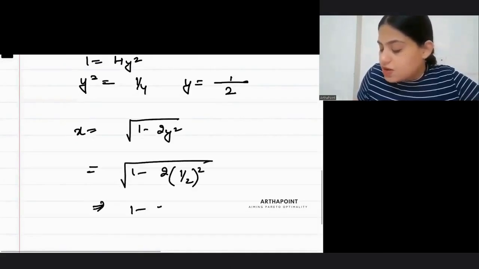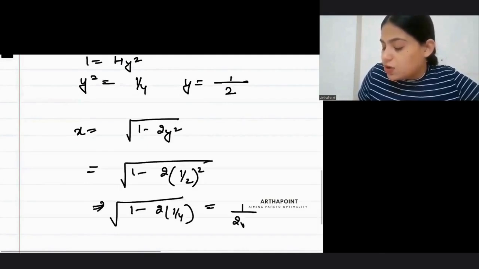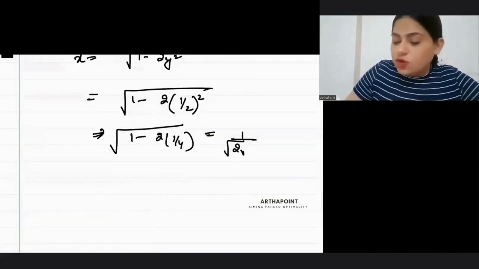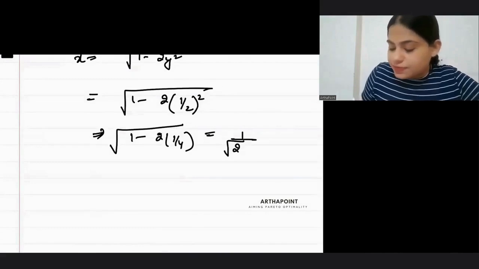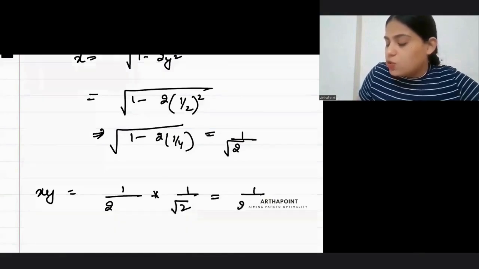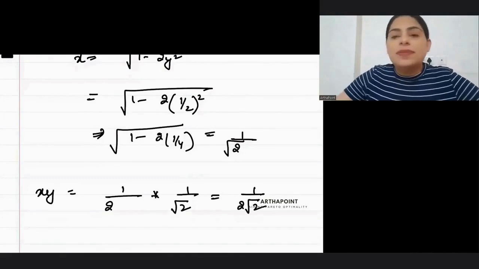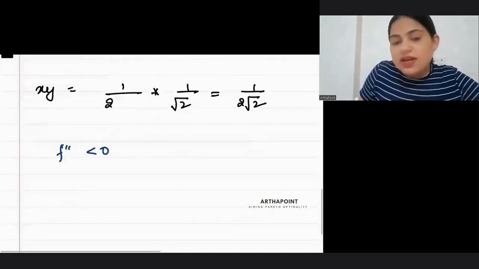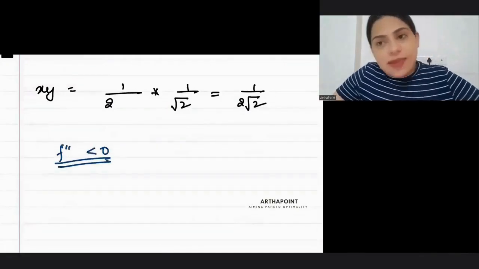So this will be the square root of 1 minus 2 into 1 by 4, so this will be 1 by root 2. And what is the value of your function? Your function is x into y. So it will be 1 by 2 into 1 by root 2, so 1 by 2 root 2. Beta, please make sure that you check that the second derivative is less than 0. Only then it is a maximum.